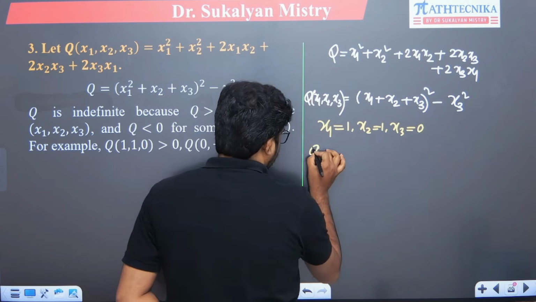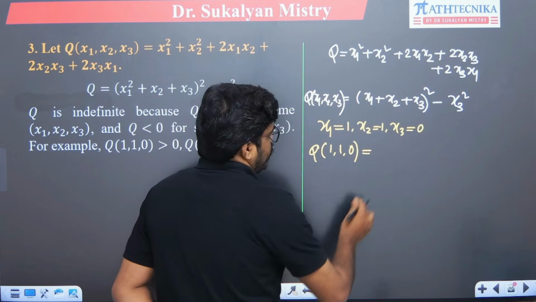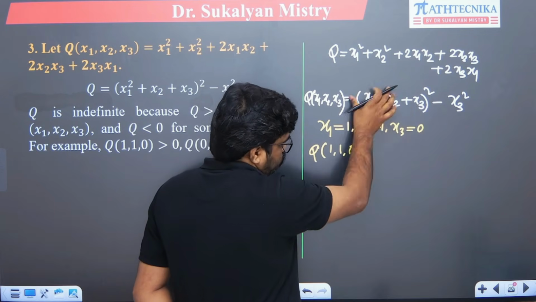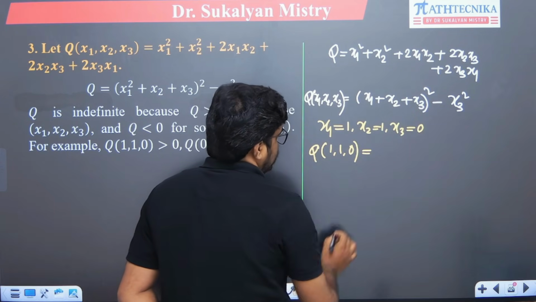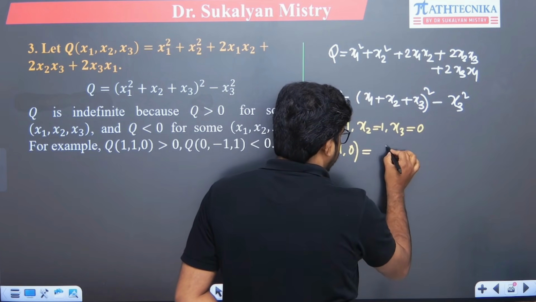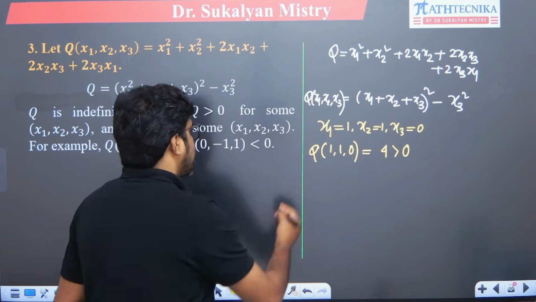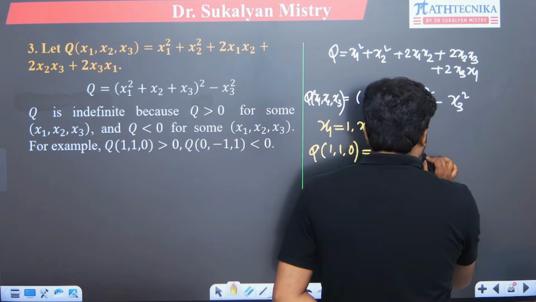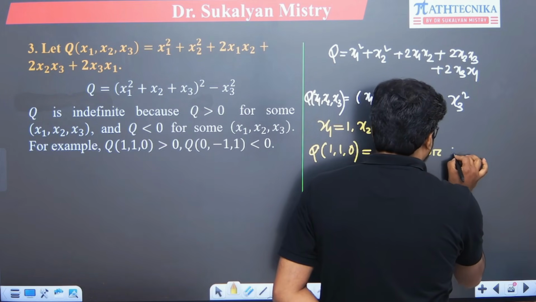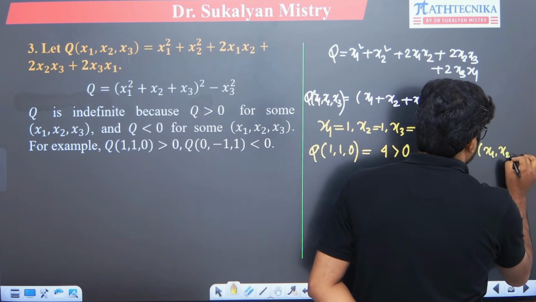That means q of 1 1 0. What do we get from this? 1 1 0, that is 2 square, that means ultimately 4, that is positive. Q is positive for some x1 x2 x3, okay?